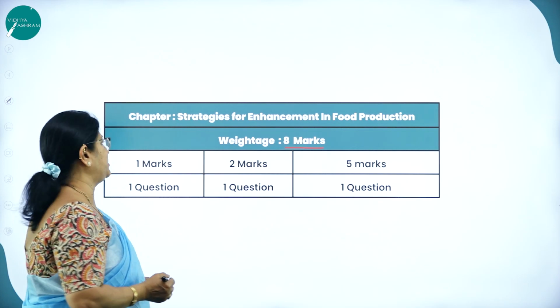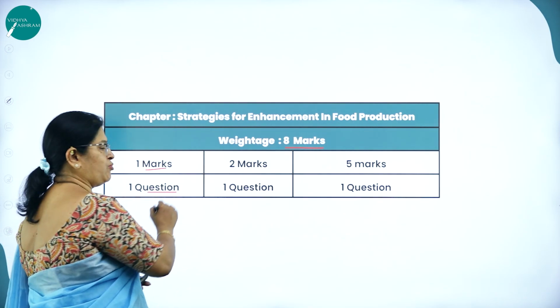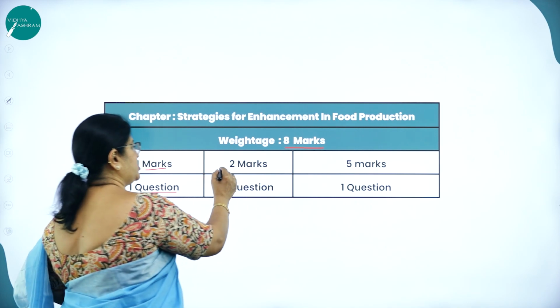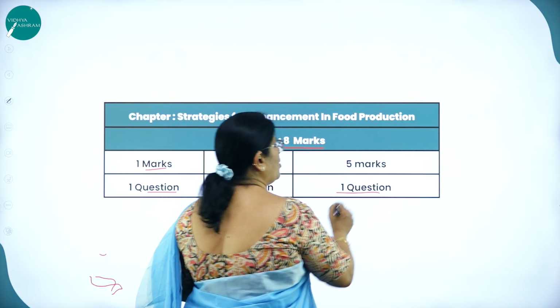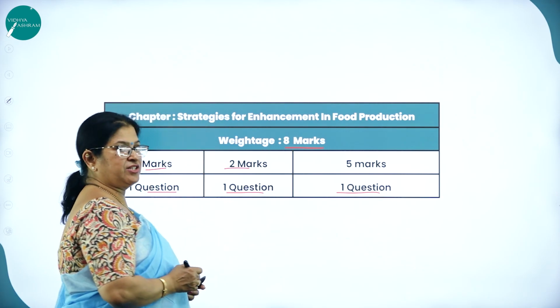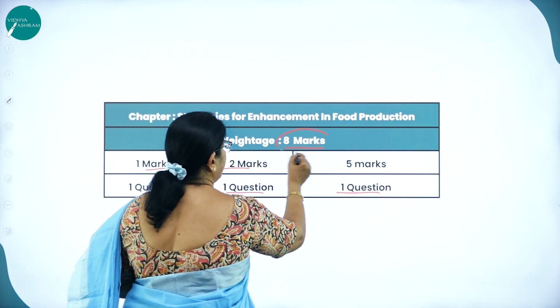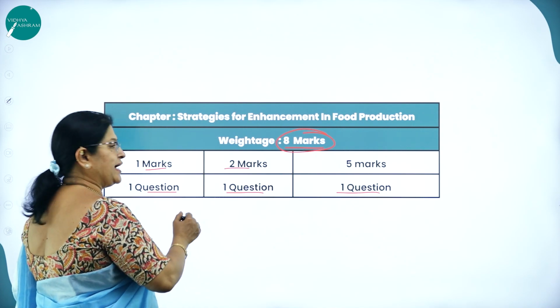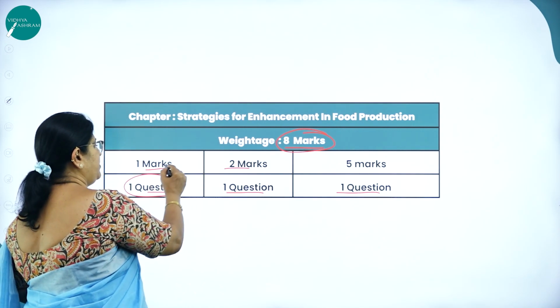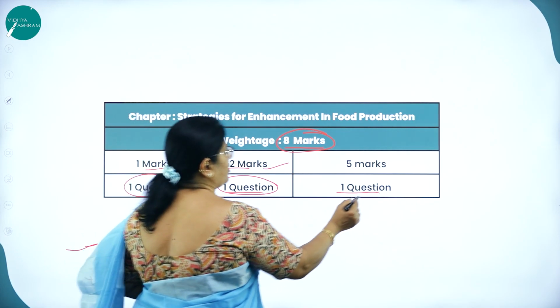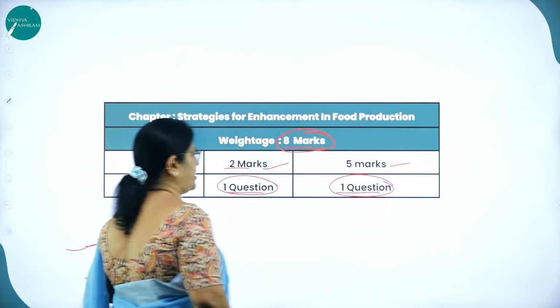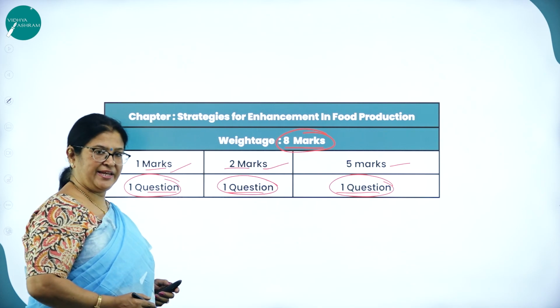You'll get 1 question of 1 mark, 1 question of 2 marks, and 1 question of 5 marks. So in total it is 8 marks.